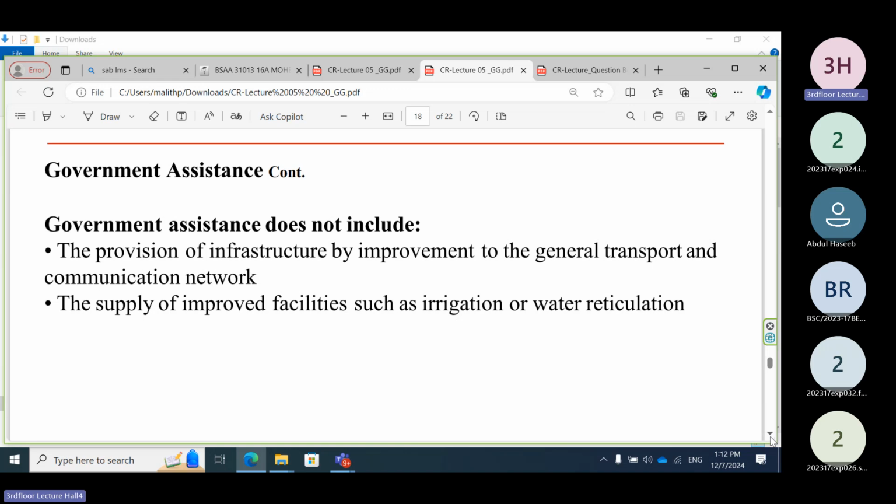I mentioned this government assistance doesn't include the general infrastructure facilities given by the government, like irrigation and water regulation processes, communication networks, railway lines, highways. All those things you can't disclose in your books. What can go on there? Galle highway can also be disclosed.